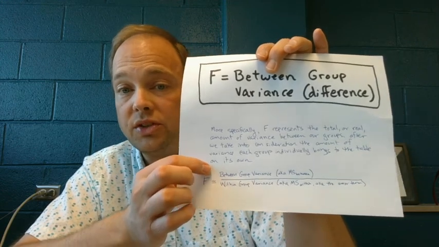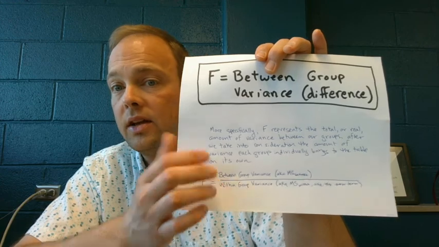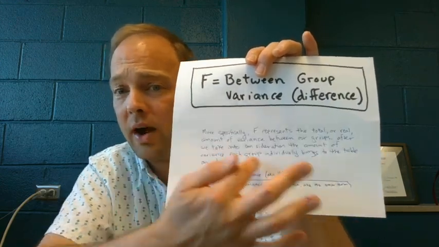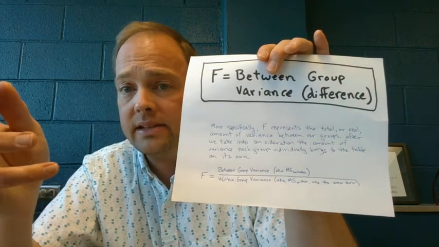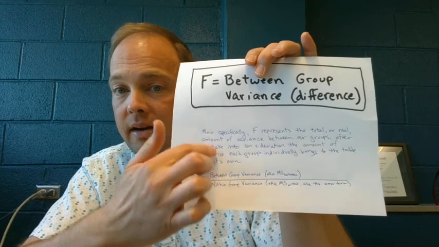So F equals the total or raw between group variance divided by the within group variance. And that's essentially this ratio right here. This ratio is reflective of this statement here.